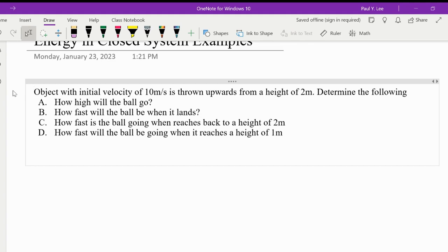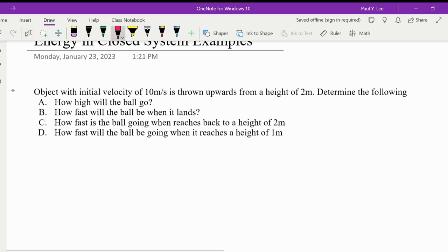Okay, so here's a lot of different things, 4 different things, and I just want to make one big distinction. I briefly touched upon this in the previous video, where we just went over the notes, where I said this looks a lot like the kinematics unit, with one huge caveat.